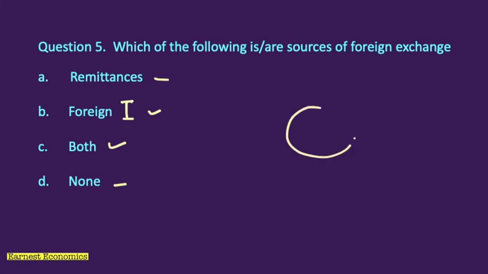Now remittances mean that people of your country are working in the external sector, in rest of the world, in other countries, and obviously they will send money back to their home country, and these are called remittances. And obviously the remittances will become a source of foreign exchange, because money from foreign countries is coming to our economy.